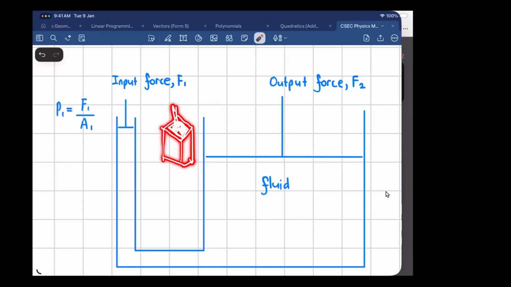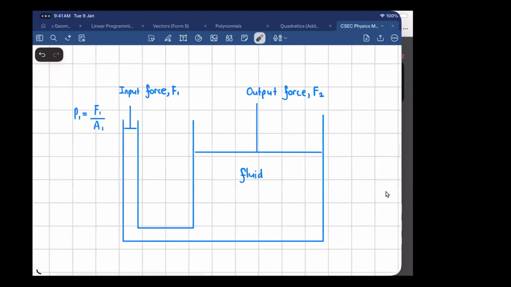Wouldn't this have an area? That's the area we are talking about, the area for the three-dimensional square. So P1 would be F1 over A1, and that would be the pressure felt on the fluid with this given area.